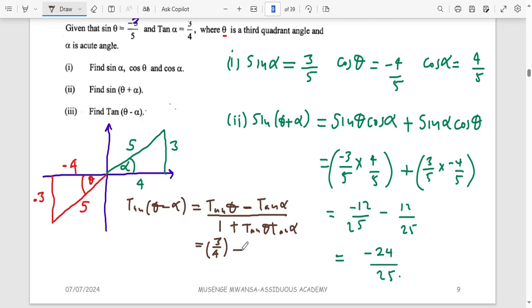And then minus tan alpha. Tan alpha is what we've already been given, which is 3 over 4. Then down we have 1 minus tan alpha, that is 3 over 4 multiplied by also 3 over 4. But you know that 3 over 4 minus 3 over 4 is 0. 0 over anything, the answer is 0. So basically the answer here is 0.